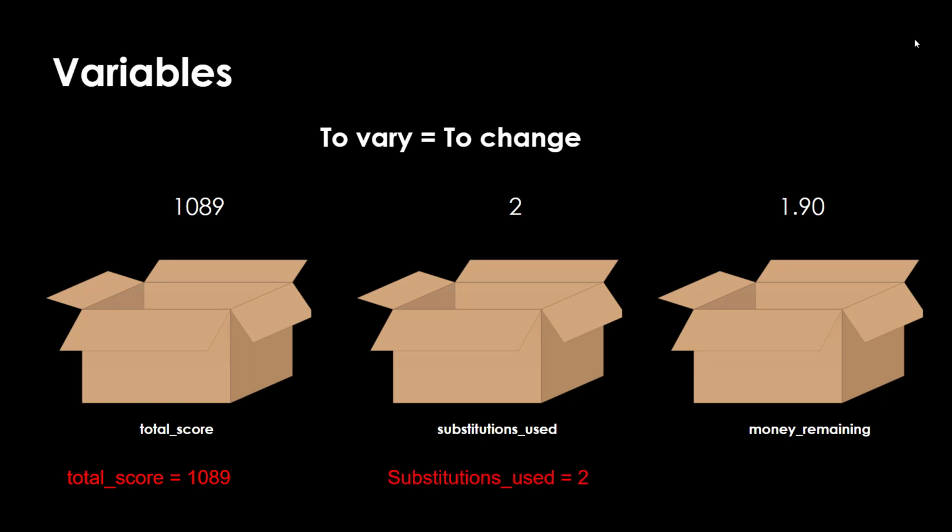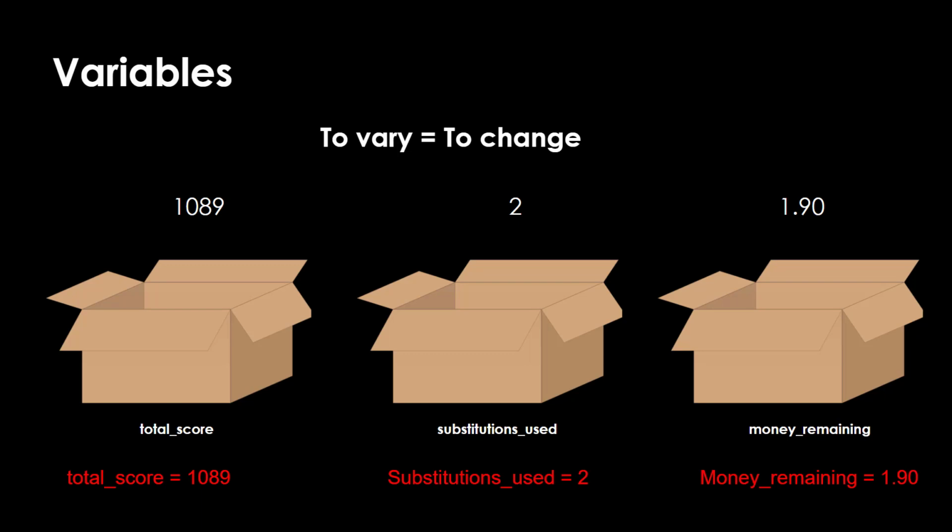And the same with substitutions used. I've got substitutions underscore used equals 2. That will put the number 2 inside there. And then I've got money remaining. That's 1.90. That would go inside money remaining. And then I could just print them out and use them in calculations and things like that if I needed them. So that's the basics of variables.